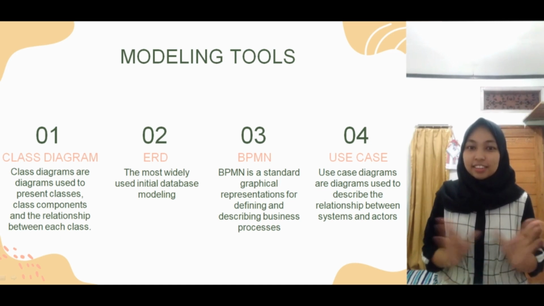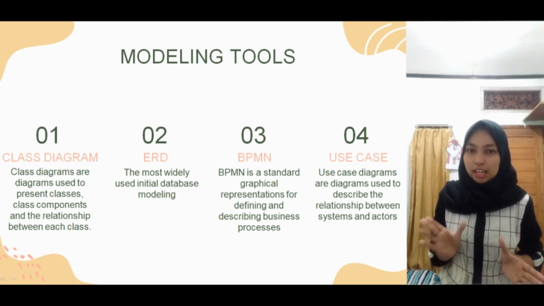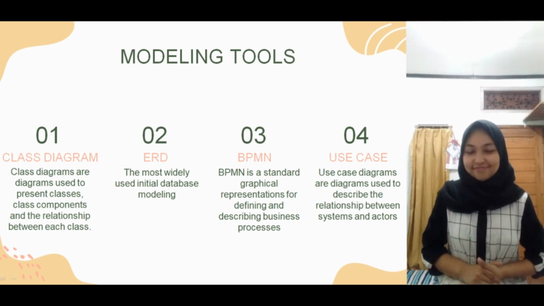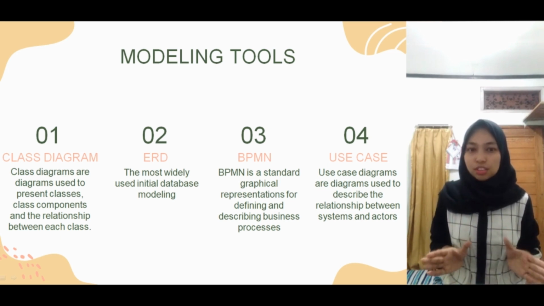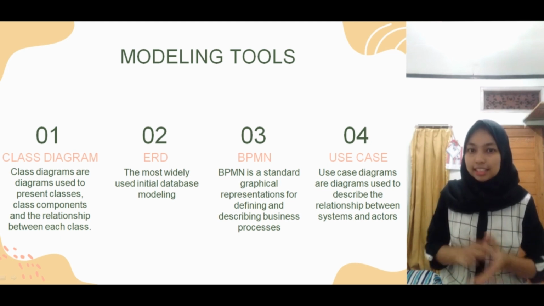In addition, class diagrams describe the types of objects in a system and the various kinds of static relationships that exist between them. Class diagrams also show the properties and operations of a class as well as the limitations contained in the object relation.